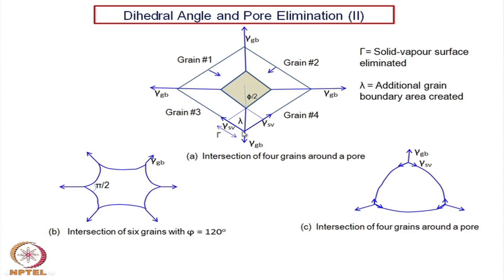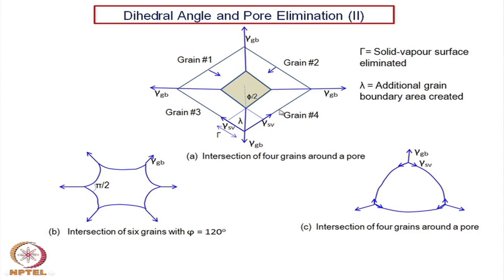On the other hand, we have created these grain boundaries. This was not originally there, because there are 4 grains. Because the pore was so large, there is no question of this grain boundary, neither this, nor this.